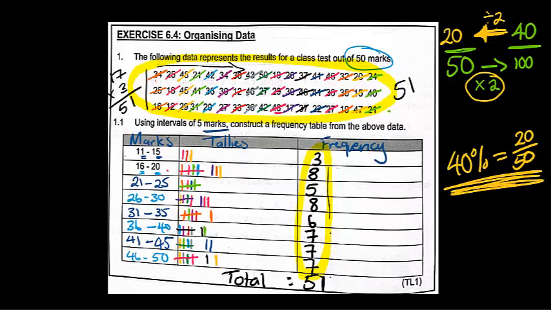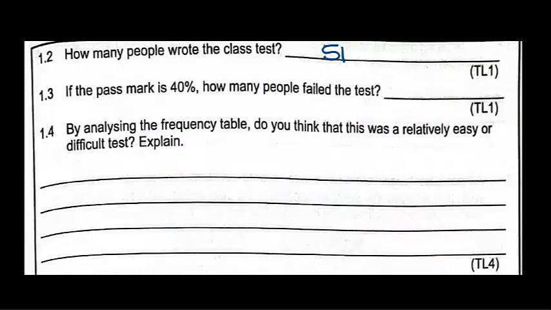Now the question says, passing is 40%. How many failed? If I'm saying failed, is that more than or less than 40%? It will be less than, right? So if I'm saying less than 40%, and I'm saying 40% is 20 marks, the question is, how many people got less than 20 marks?